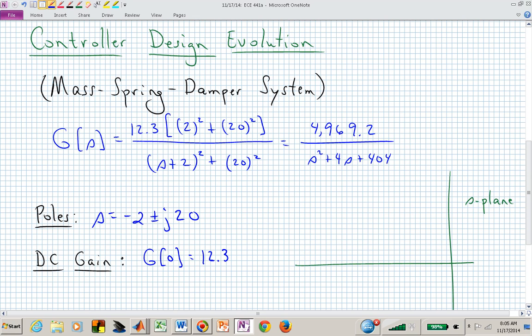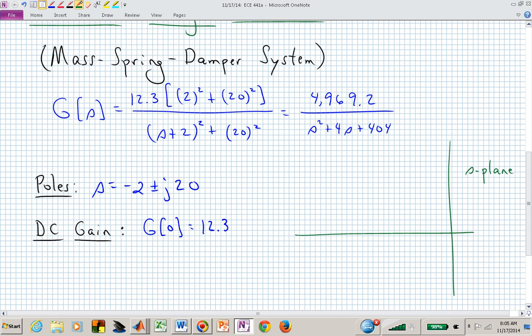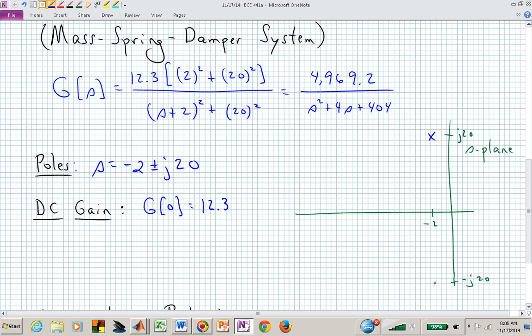If we sketch the poles of this system, and this won't be to scale, I don't believe this is 20 times or 10 times that distance, but you hopefully get the idea that we now have a fairly small real part relative to the imaginary component of those poles.